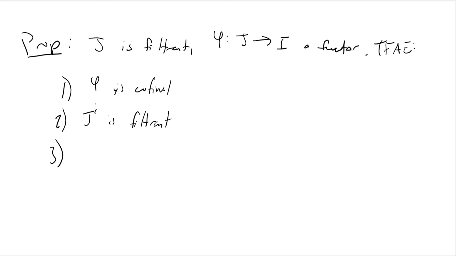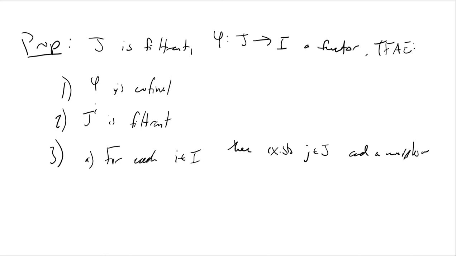Third is the following two conditions. 3a: for each i, there is a j such that there is a morphism s from i to phi of j.